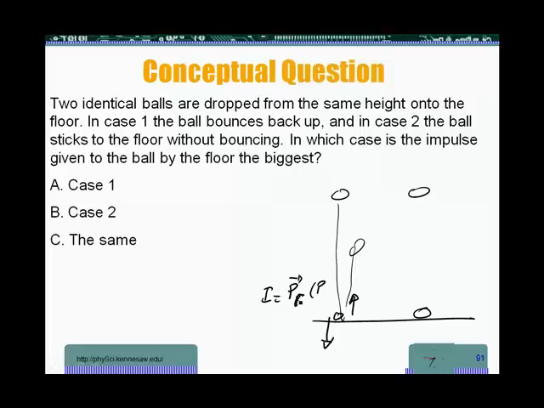This is final, this is initial, and this is negative. So that adds up to a large positive number because minus a negative is a positive. However, here we start with P initial down and we have 0. So it's 0 minus P initial, which is, of course, negative.